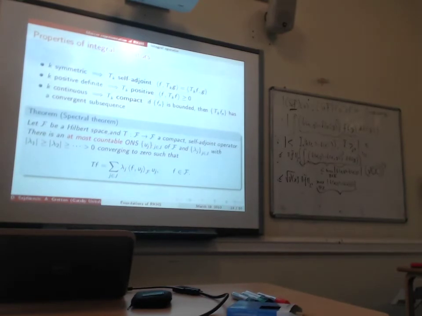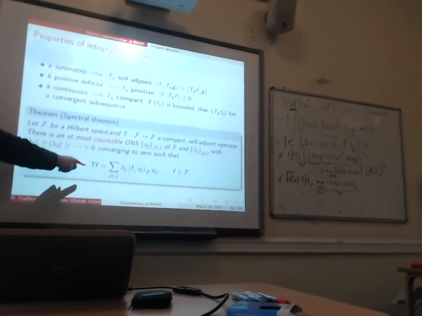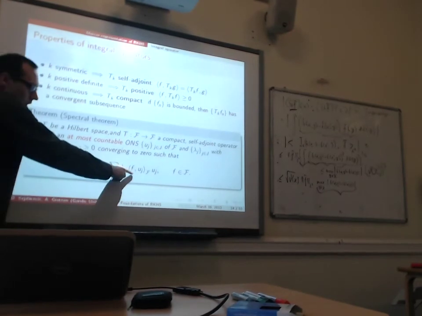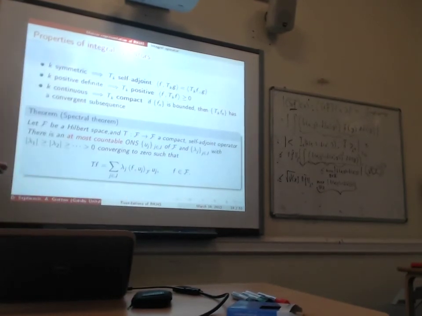Then spectral theory implies for every such operator that I can diagonalize its action in a particular way. Meaning that I can find an orthonormal set within that Hilbert space and a set of scalars which decrease monotonically and converge to 0, such that the action of T on every element of F is the same as projecting that F onto each element of the orthonormal set and then just scaling it in that direction.